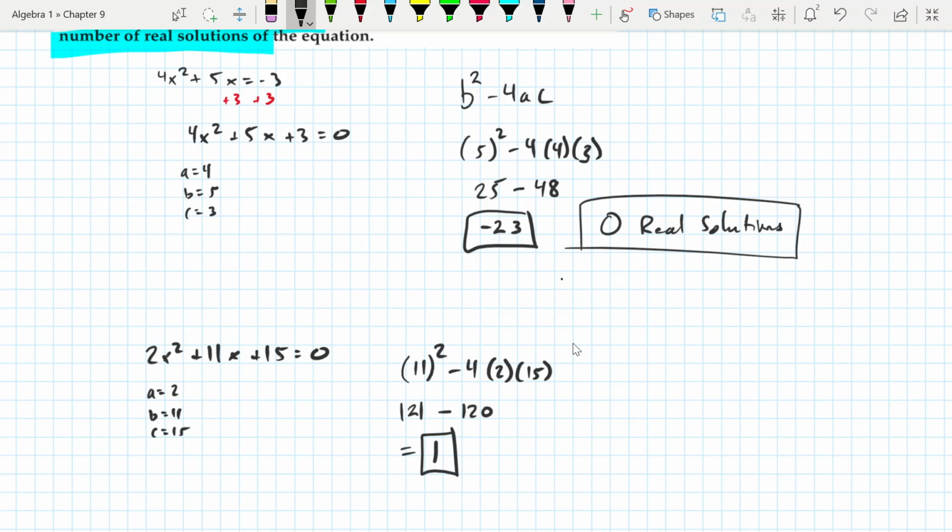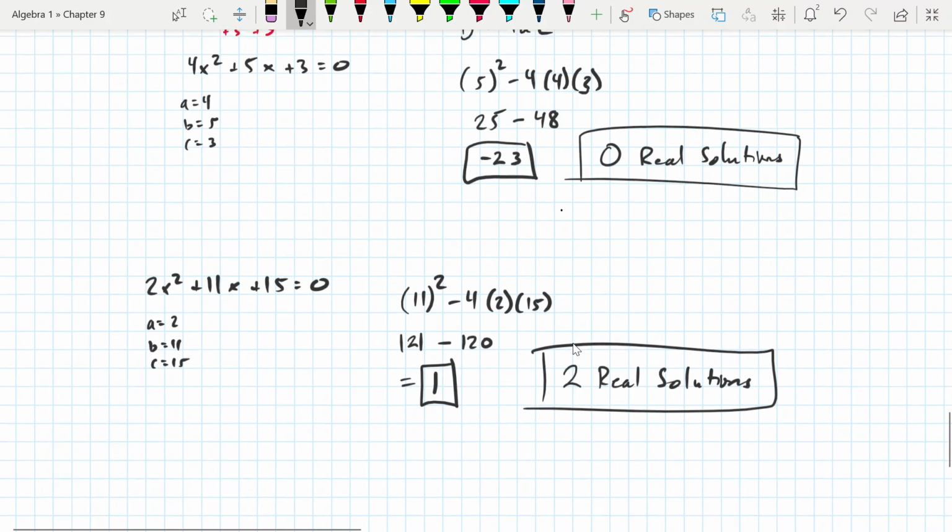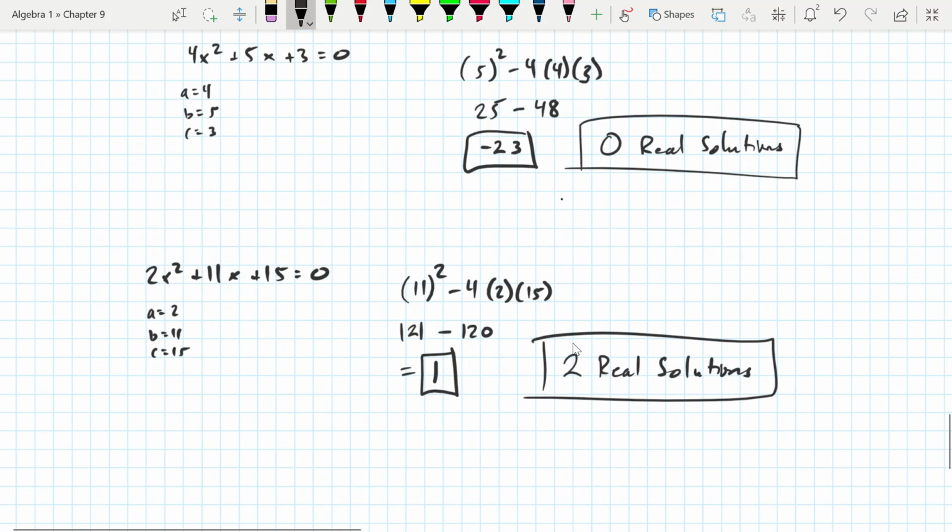That's a positive number, so that tells me there are 2 real solutions. And if you want to be really fancy, 1 is a perfect square. So that tells me that the solutions are actually going to be rational numbers. And that's how you use the discriminant. I'm not finding the answers, I'm just finding out how many answers there will be.